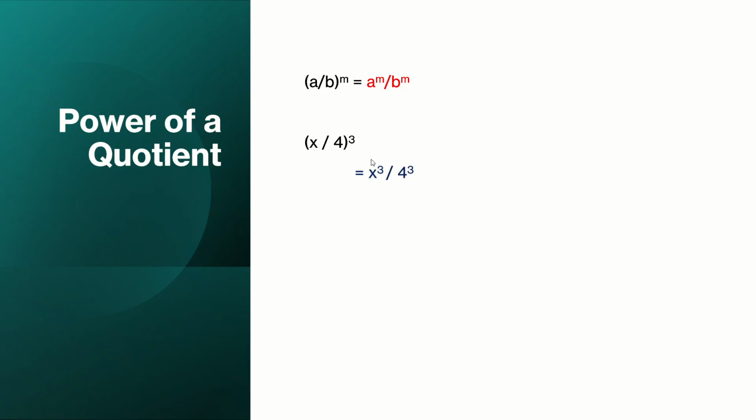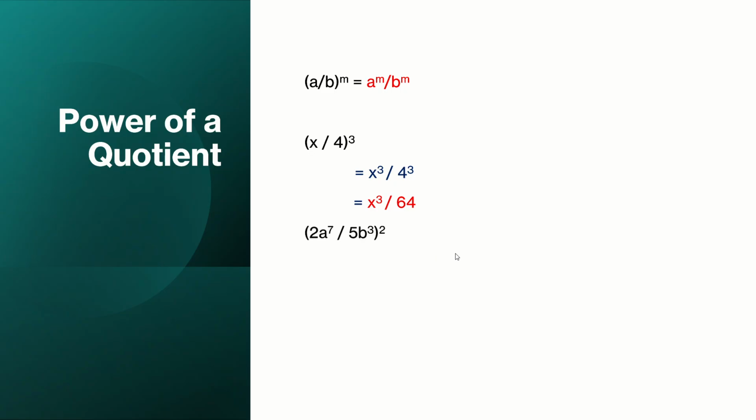Therefore, x^3 over 4^3. Now we multiply the base. The x will remain the same, but for 4, on the other hand, you will have to multiply it within the exponent. Therefore, 4 times 4 times 4 is 64, so x^3 over 64.